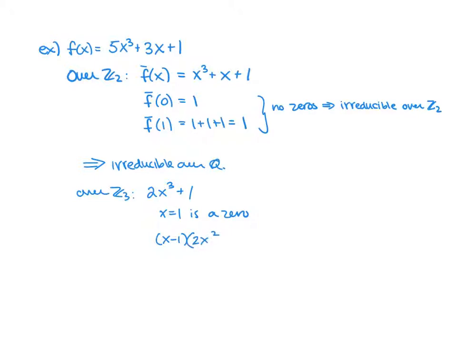Let's see, we would need a 2x squared, and then maybe plus 2x to cancel out that middle term. That'll give us a minus 2x plus 2, something like that. So this is reducible over Z3. That tells us nothing about whether or not it's reducible over Q.